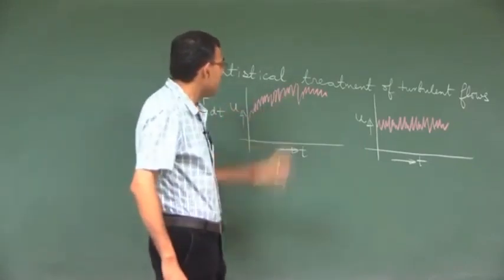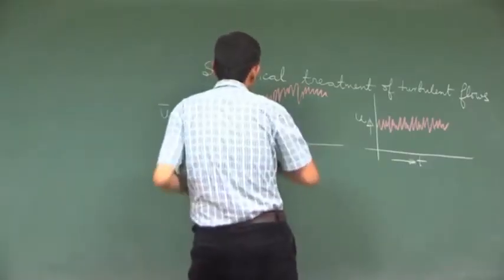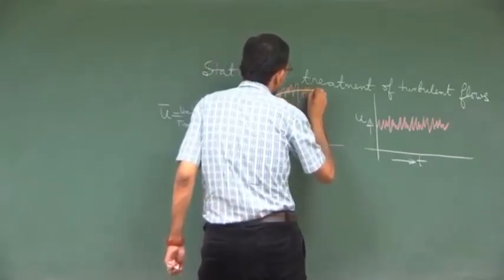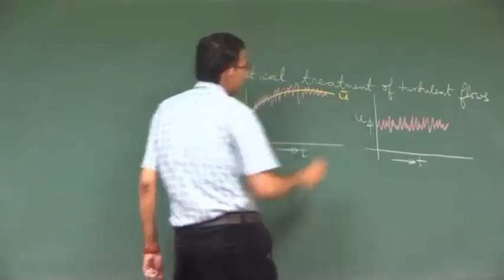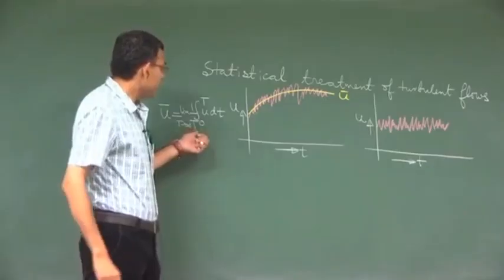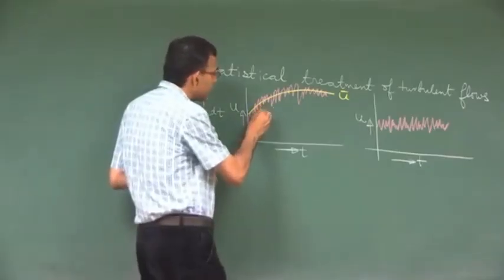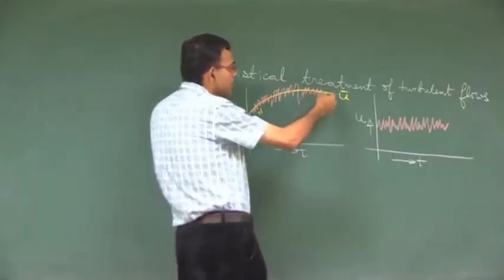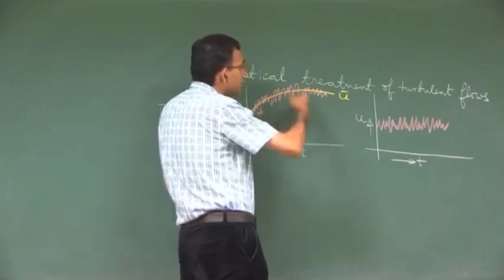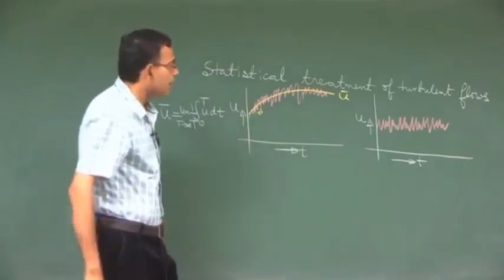If that be the case, then you can smoothen out this data in terms of an average, and the u bar may be something like this. Remember, this T has to be much larger than the small fluctuation time scale, but it also has to be smaller than the total time, otherwise it cannot capture this variation of the average over time.